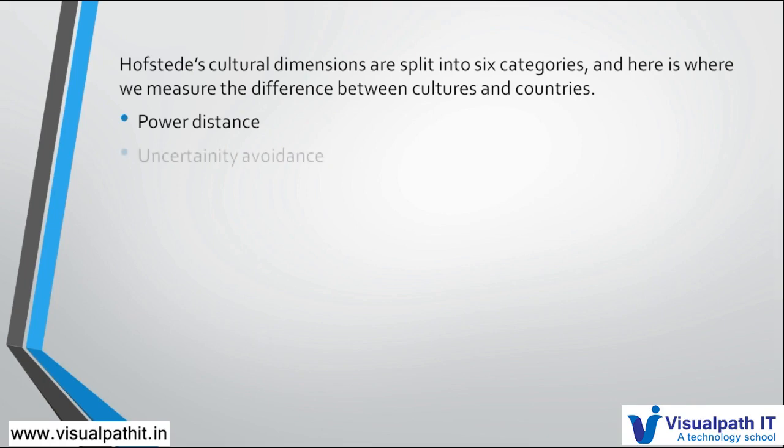Next, uncertainty avoidance. This is the extent to which a society fears and avoids uncertainty and uncertain outcomes. Countries with low uncertainty avoidance show a willingness to take risk.